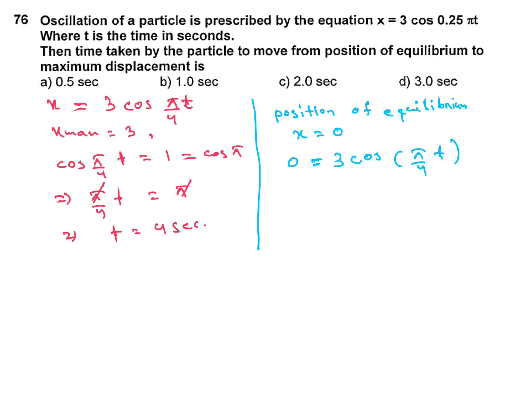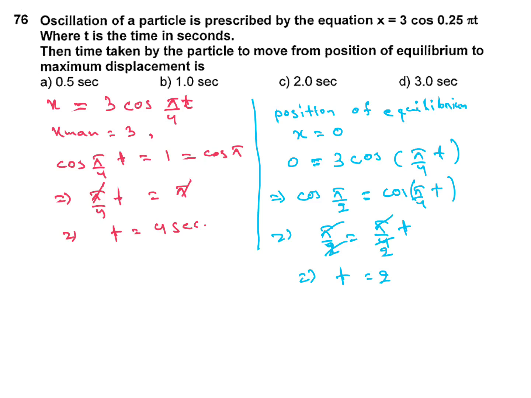In this case, cos 90 degrees, or cos of π by 2, equals cos(π/4 t), so π by 2 equals π by 4 into t, t equals 2 seconds.